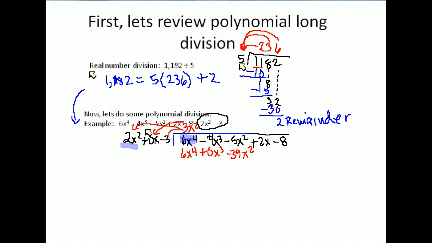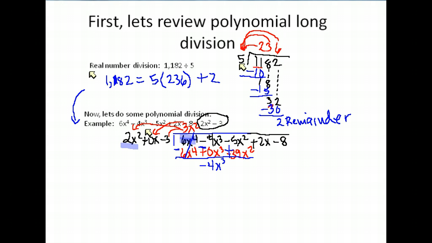Now remember, in our division, what we did is subtracted. So one thing one of my math teachers taught me is you draw the line, change the sign. So we change the signs of all of these terms that we just put here. And then we go ahead and combine. 6x to the 4th minus 6x to the 4th cancel. A negative 4x to the 3rd and a 0x to the 3rd just gives me negative 4x to the 3rd.